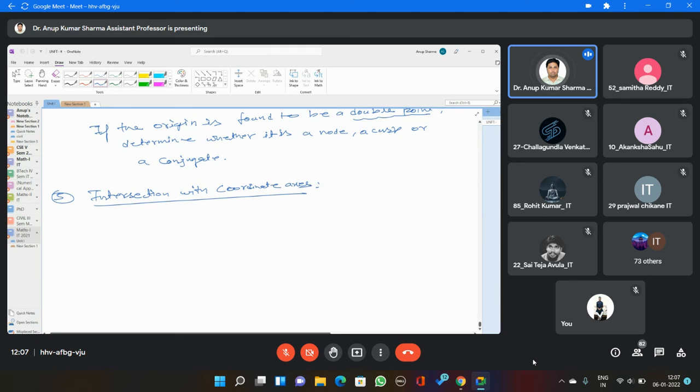Find the points, in this case what we do is find the points where the curve cuts the axes of coordinates. You know how to find it: when you take x equal to 0, it gives where it intersects the y-axis, and when y is equal to 0, where it intersects the x-axis. And one more thing with this, finding the intersection point, also find the tangents at this point, because the curve touches and then moves in its direction.